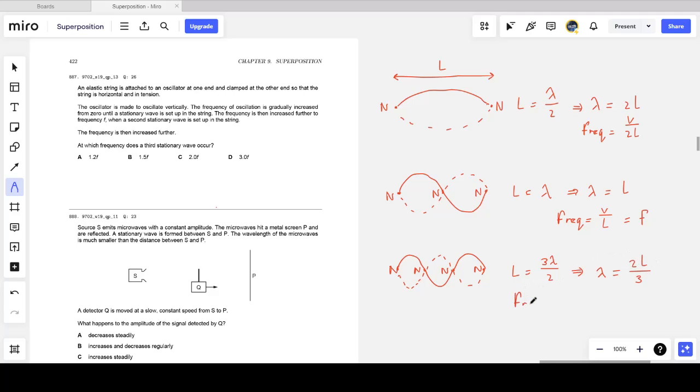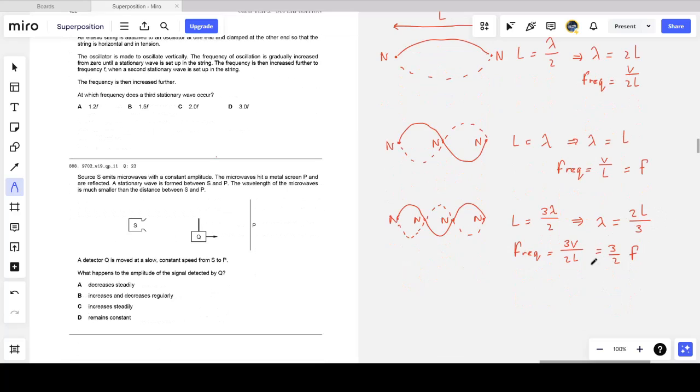Now the frequency, as we've calculated before, is V over lambda, which in this case will be 3V over 2L. But wait a minute, V over L was f. So this is 3 over 2 times f, which is 1.5 f. And so the third stationary wave occurs when the frequency is 1.5 f.